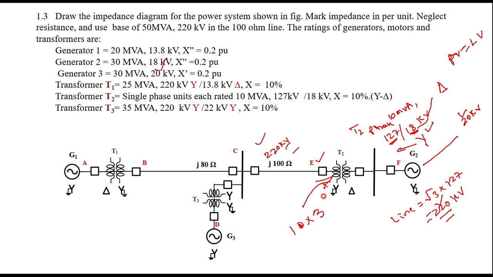Total capacity will be 30 MVA, because 10 into 3, and primary side it is 127 into root 3, which is connected in star, and the secondary side is connected in delta, so that you are getting 220 divided by 18 kilovolts.